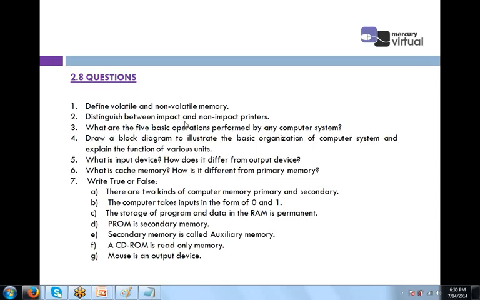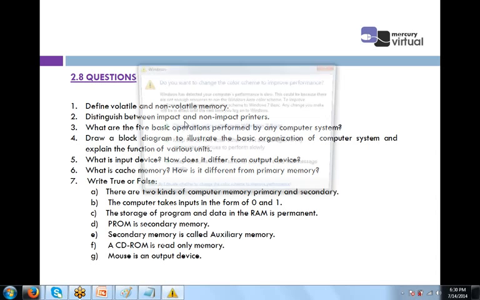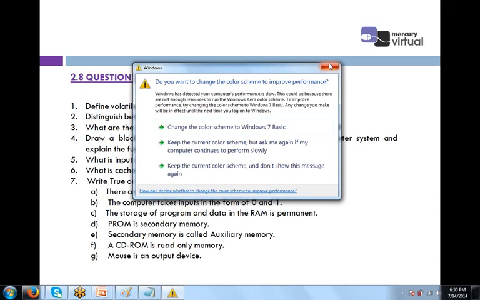They use electromechanical and chemical material mechanisms, right? So that clears both questions. Now the next question is, what are the basic operations? Just a moment.